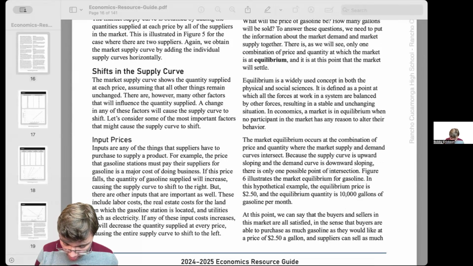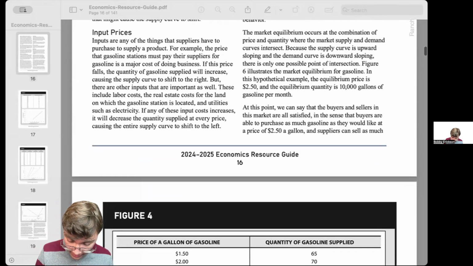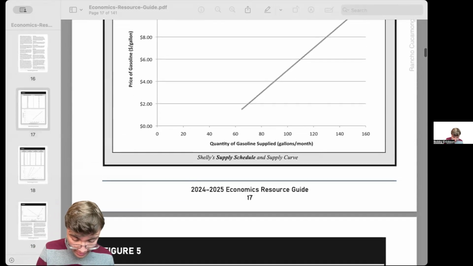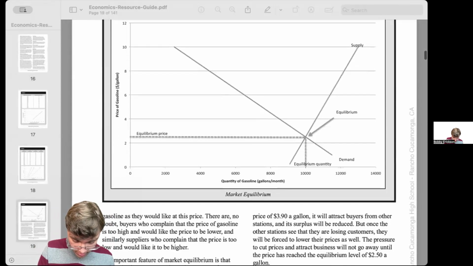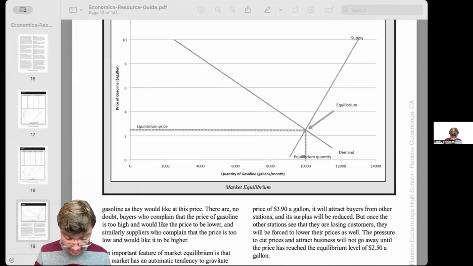And so we can also say at equilibrium that everyone, the buyers and sellers, are all satisfied. And this is in the sense that buyers are able to purchase as much gasoline as they'd like at a price of $2.50 a gallon, and suppliers can sell as much as they'd like at the same price.